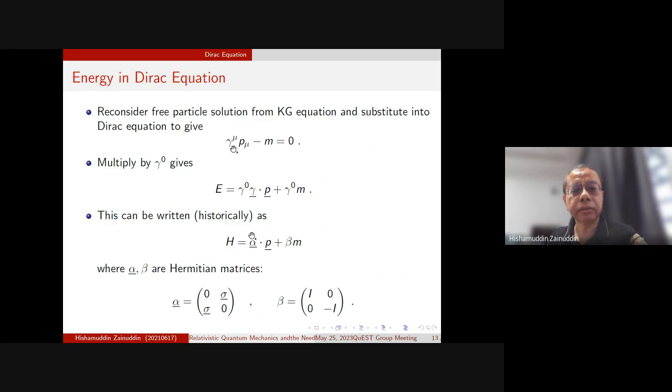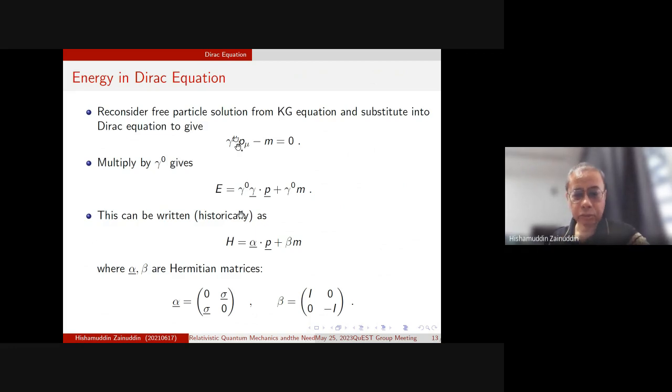So what one can do with this equation for this free particle is to multiply with gamma naught. Remember, gamma naught is multiplying with this gamma mu. So for mu equals zero, this will give P naught, and P naught is related to the energy.